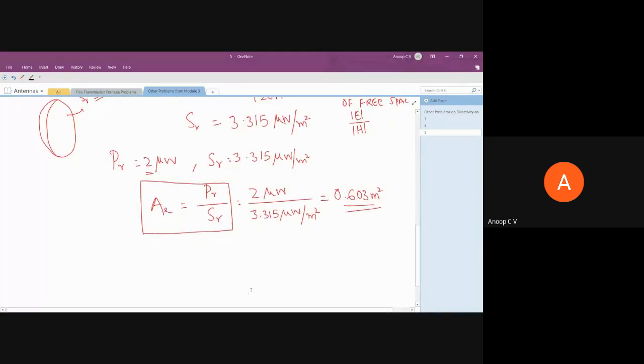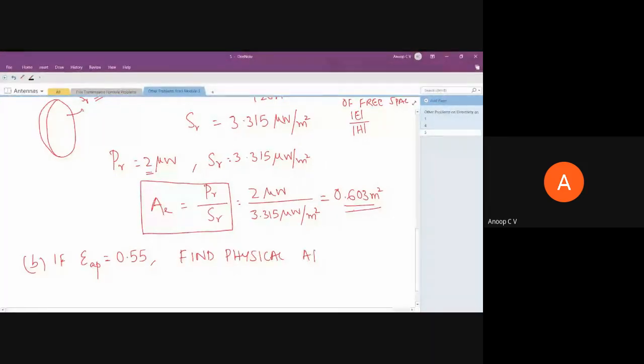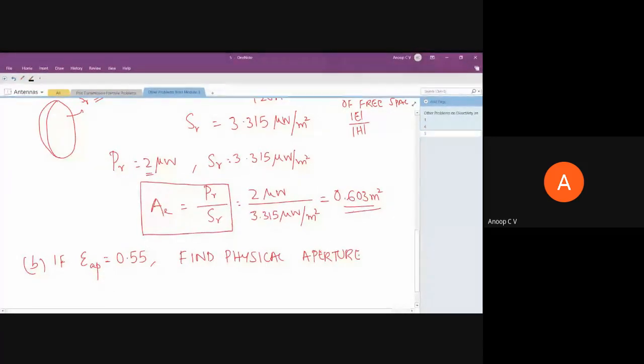I'll add one more part to this question. Part B: if epsilon AP, that is aperture efficiency, is 0.55, find the physical aperture of the antenna, AP.